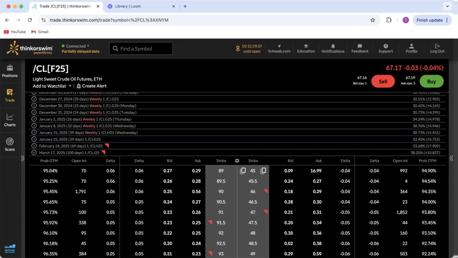So the delta is how much this changes versus this. The higher the delta, the more it moves. We want a low delta because it's going to move less versus the movement here. Okay, so we generally go around a 5 delta in that neighborhood.